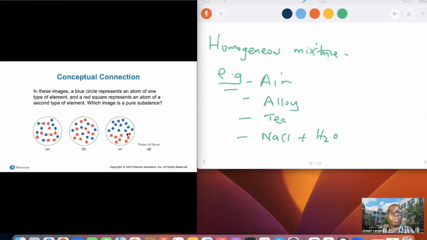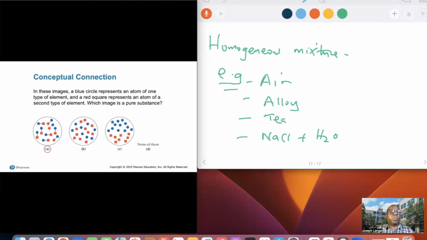Likewise for this, but in this one, there is a chemical bond between the blue circle and the red square, which means A is a pure substance. The correct answer is A.